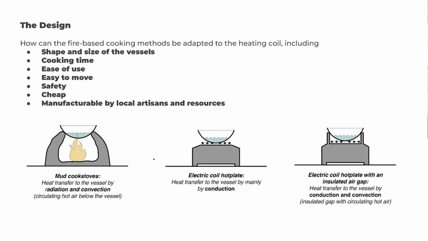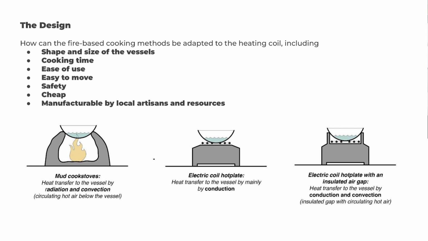Then we went about how to approach the design. I started by showing you mud chulhas. They have a flame system, so the flames are directly in contact with the vessel.